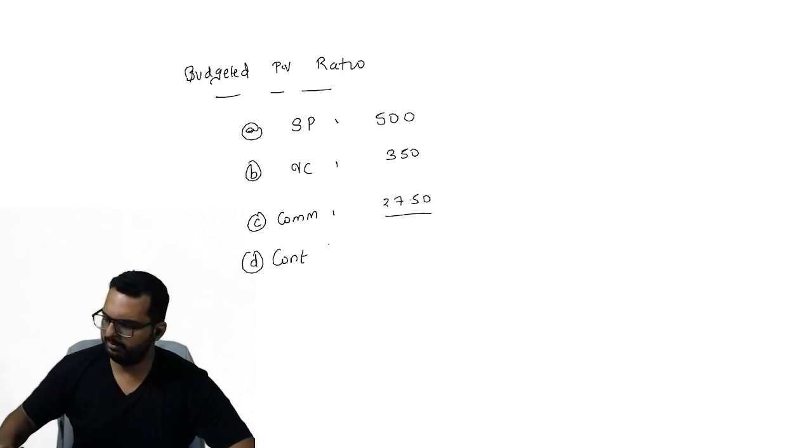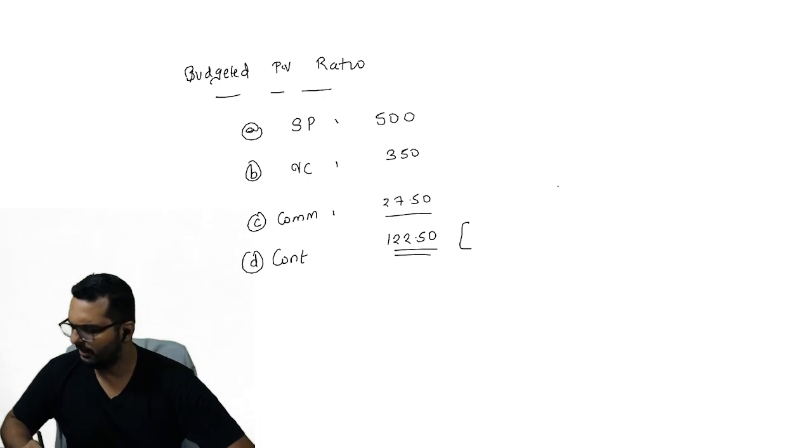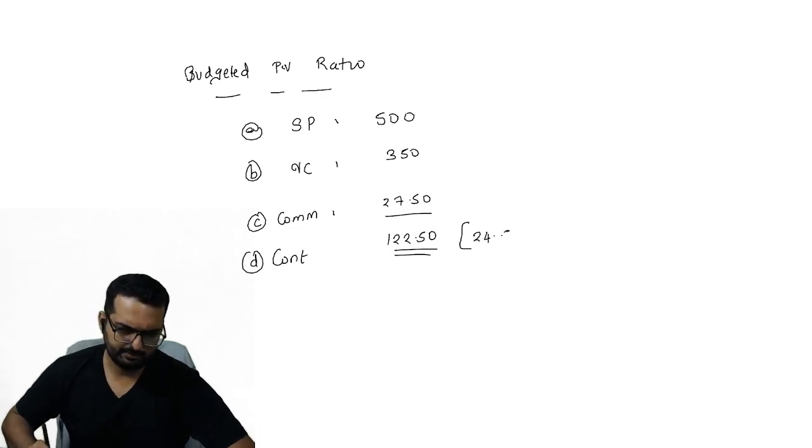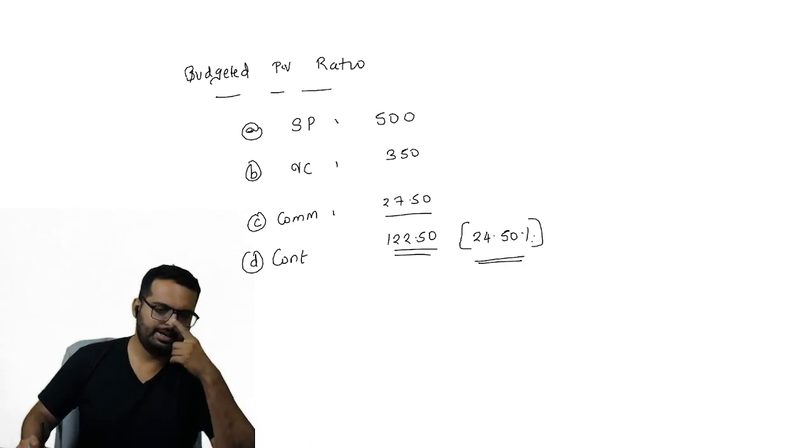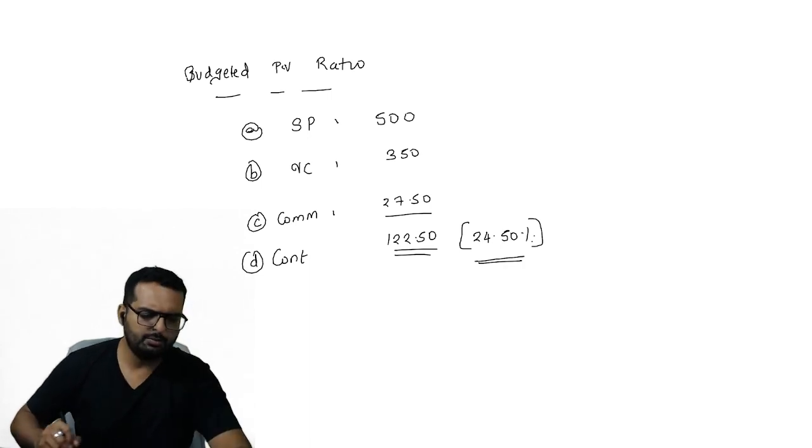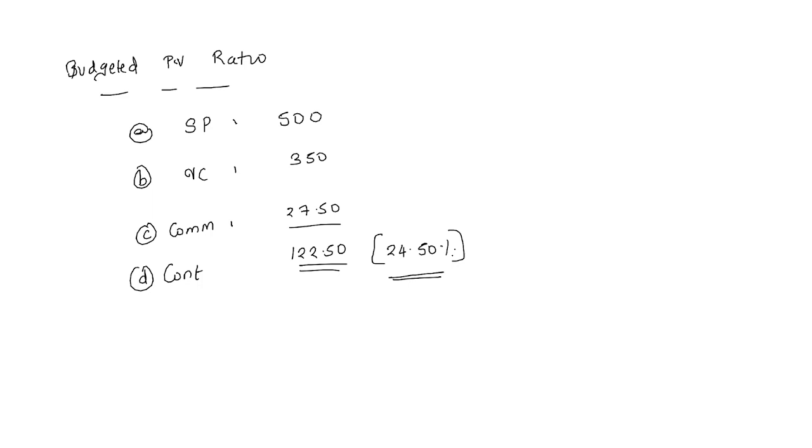Therefore, what is the contribution that you would get over here? 122.5, and your PV ratio will turn out to be 24.5%. Am I right? Write down this in your books and try doing the reconciliation on your own using marginal costing method.